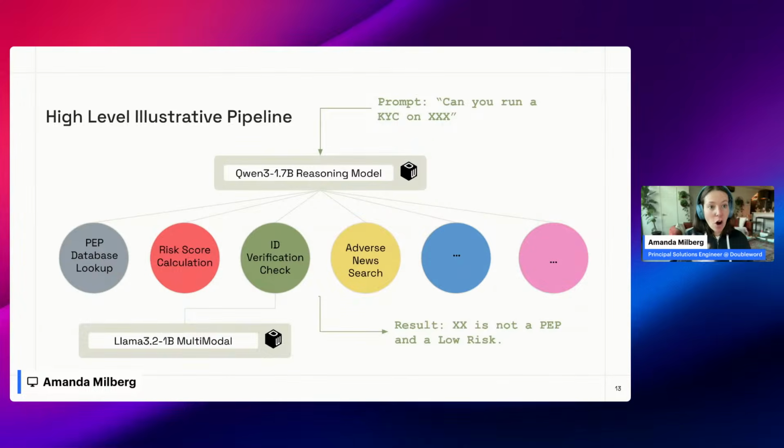For that, we can call another LLM, for example a Llama multimodal model that can take in an image of a license or a passport and check that it is valid. We can also see this expanding to things like adverse news search and searching the web, et cetera. But what I'm going to show here is my Qwen reasoning model being my highest level model, and then giving it access to all these tools that I've defined in my MCP server.